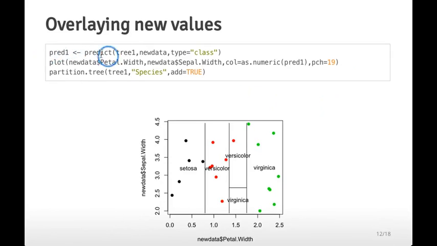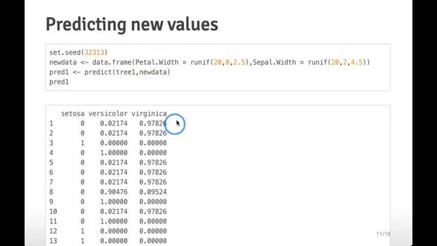If I calculate these predictions with type equals class, instead of returning a probability, it returns only one value per data point. It calculates the max probability in each row. For data point 1, the max probability is here. In row 2, the max probability is here. In row 3, the max probability is here, and so forth.